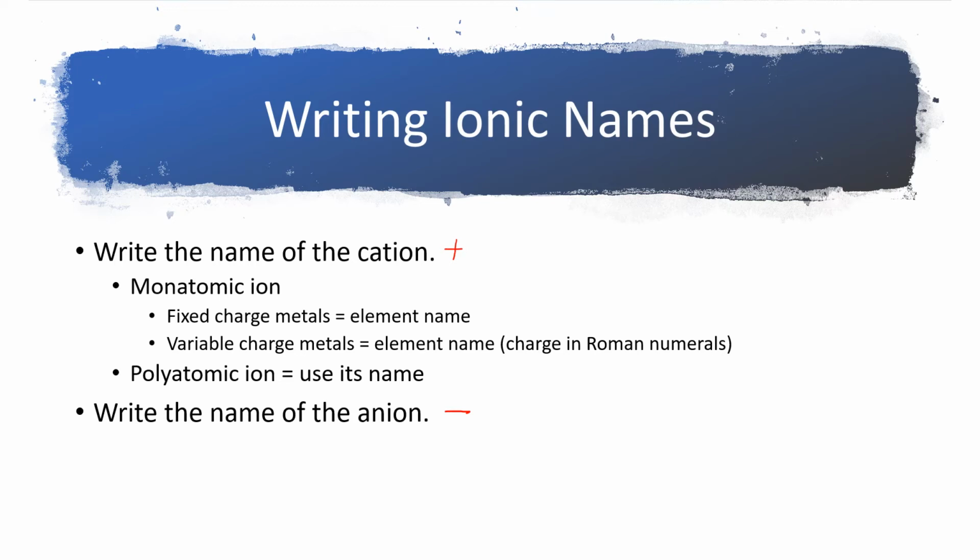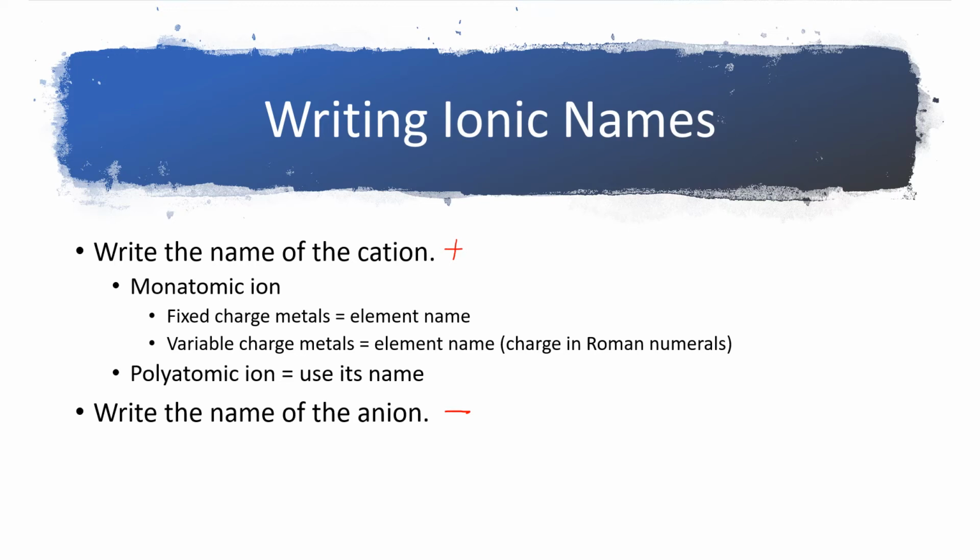So when aluminum forms an ion, we just call it aluminum. Then the variable charge metals are all the other metals in the periodic table, and we have to specify the charge with a Roman numeral in parentheses after the name of the element.